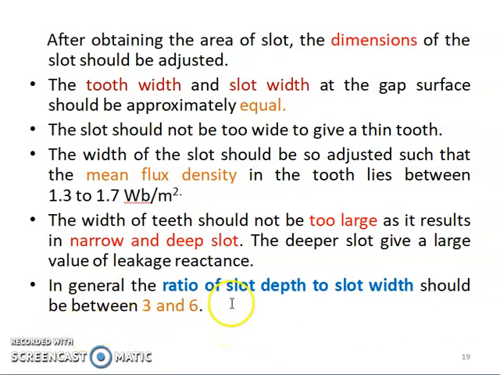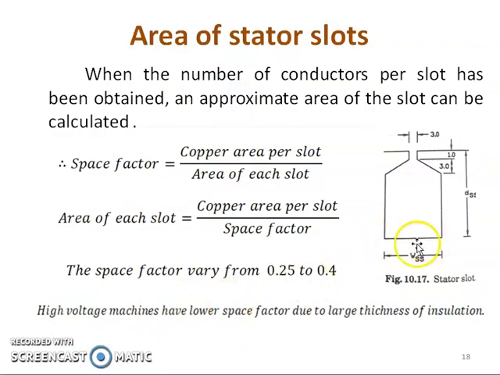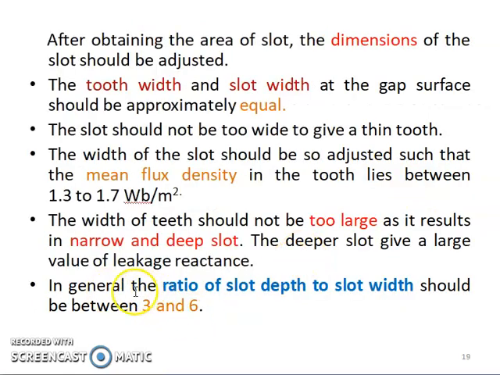So to say, this is the width of the slot and this is the depth of the slot. While deciding the area of slot, depending upon the number of slots and slot pitch, the area of slot is fixed. But the general rule is that the ratio of slot depth to slot width is taken between 3 and 6.